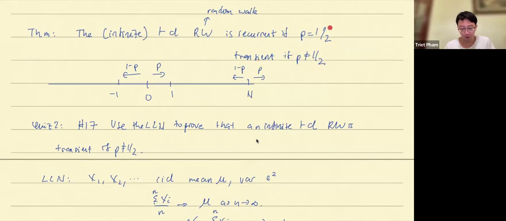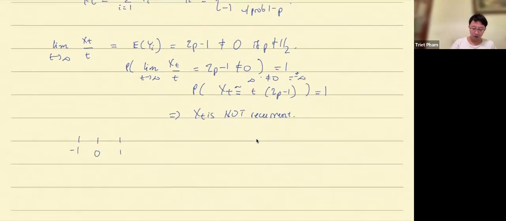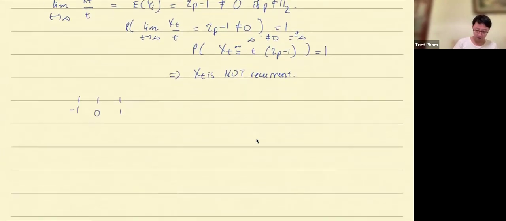But we want to prove if P is 1/2, then recurrent. So we don't have that statement. So that's the next one. I will skip the word infinite; we understand that that's what we're doing here.